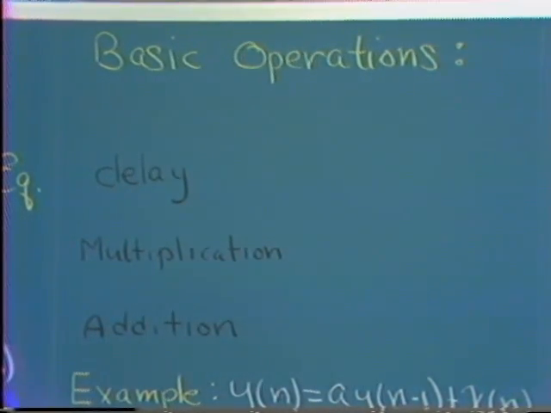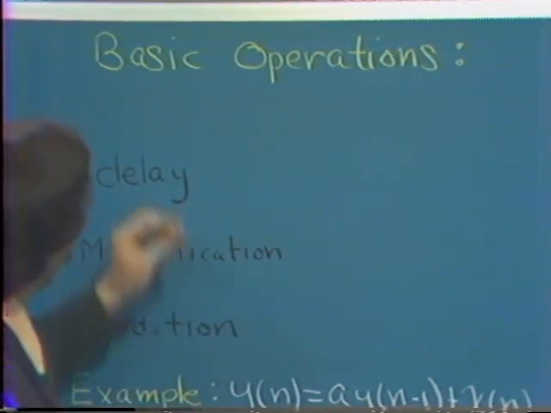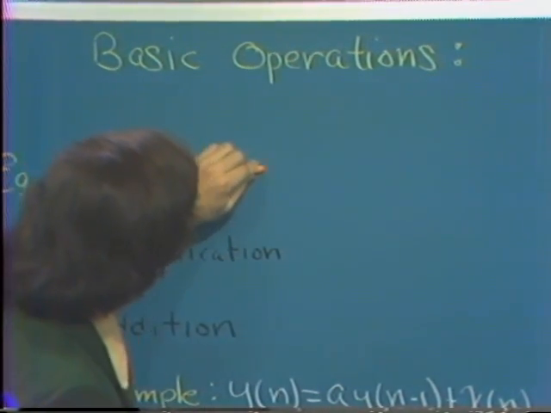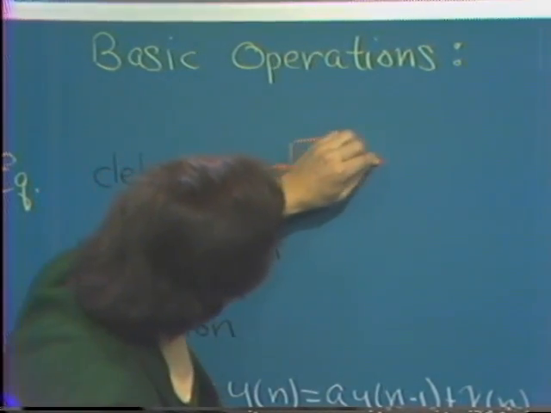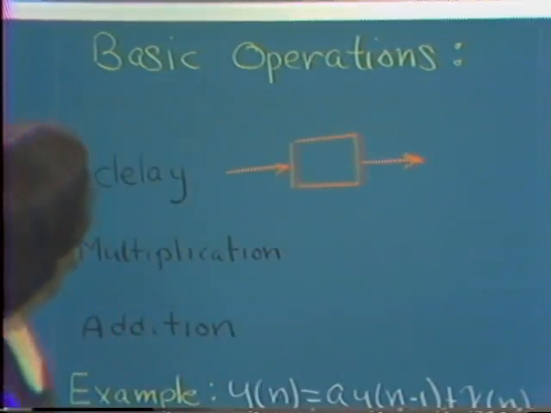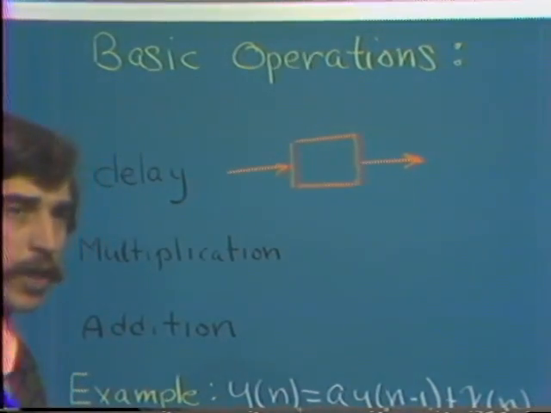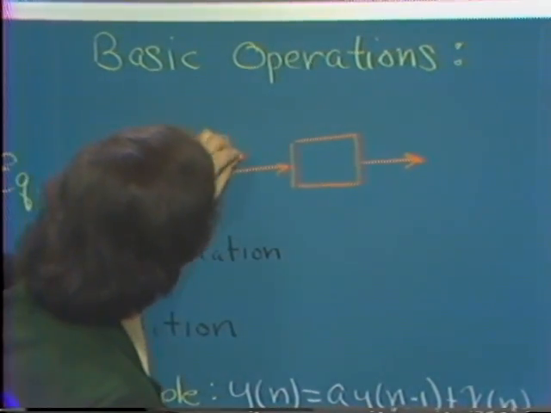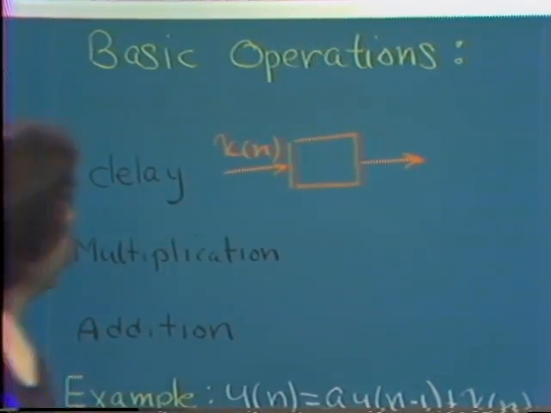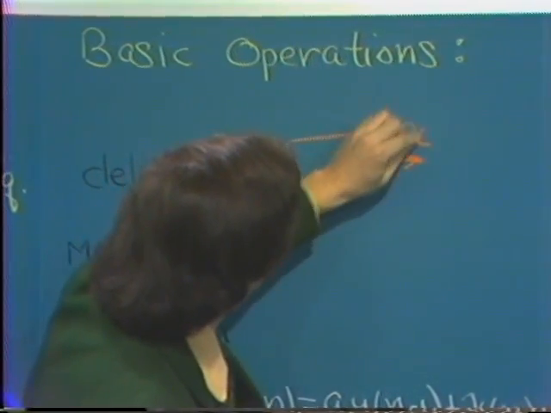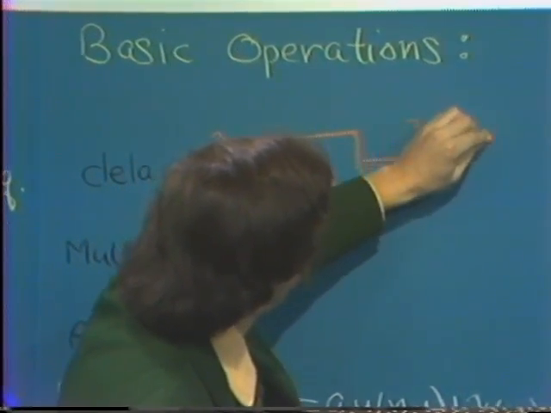One type of notation, which is essentially block diagram notation, corresponds to representing the operation of delay as a box. The input, of course, is the sequence that we want to delay, let's say x of n. And the output then is that sequence delayed by one sample, x of n minus 1.